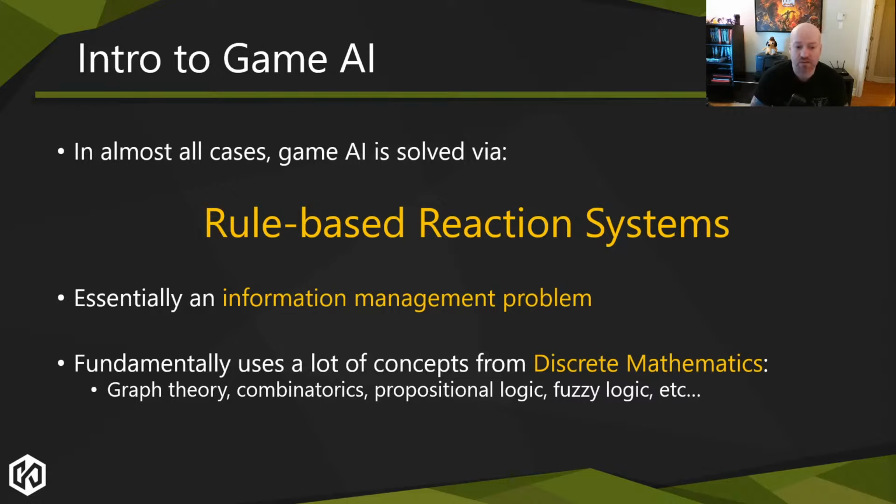And that is the foundation of everything we use in game AI. It's basic logic, basic permutations, combinatorics. Occasionally we'll touch on graph logic, though not necessarily a lot of the time. And there'll be a lot of statistics and weighted functions. But as I said, it is just a reaction system.